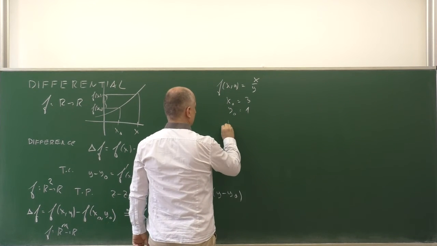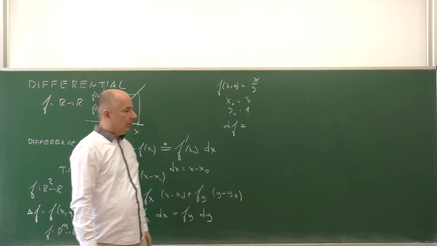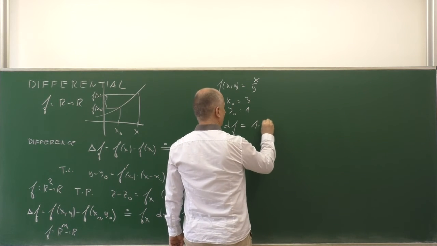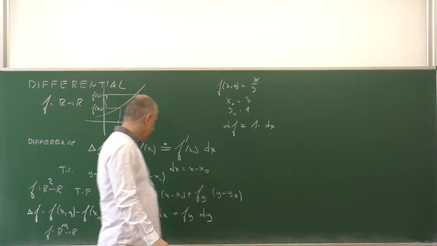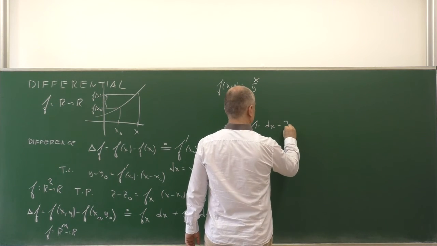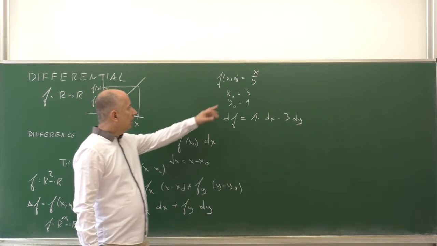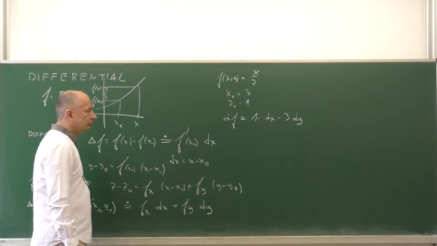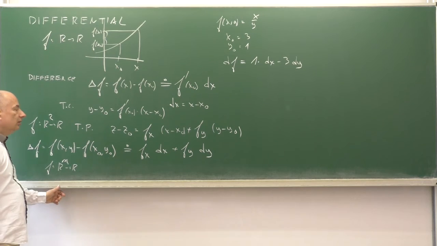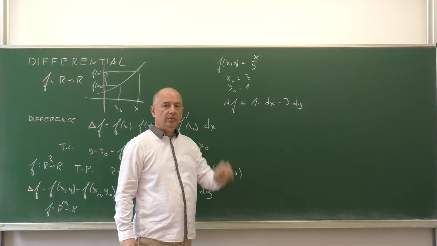So the differential will be the derivative with respect to x, which was 1, times dx, plus the derivative with respect to y, which was minus 3, times dy. Well, that's it. So this is the differential of this function at this point. It can be used to approximate the difference of function values at the point (x0, y0) and at the nearby point.